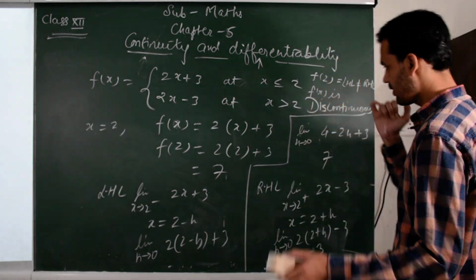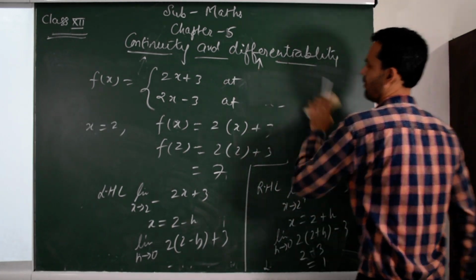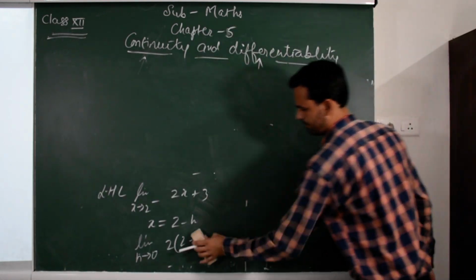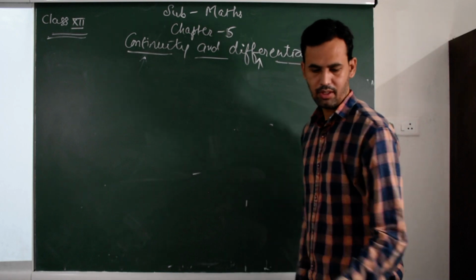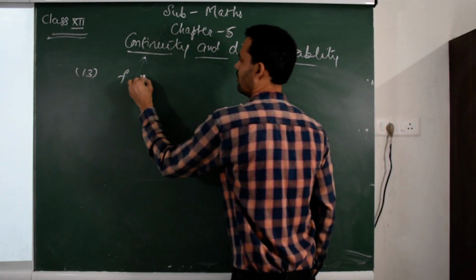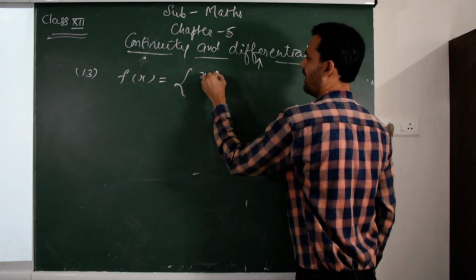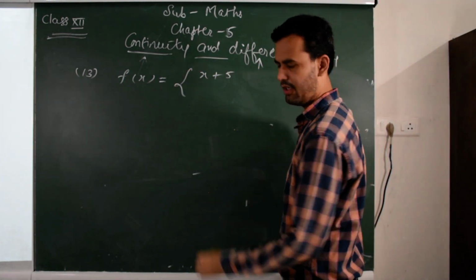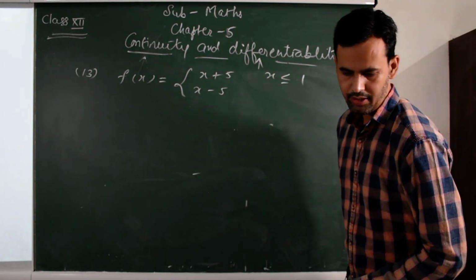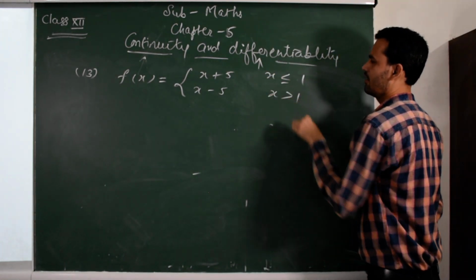Okay. Now next question. Question number 13. This is also in the form of intervals: x plus 5 and x minus 5, for x less than or equal to 1 and x greater than 1.